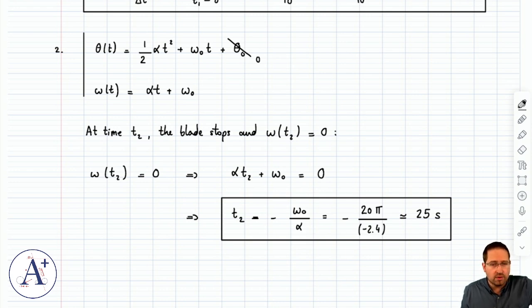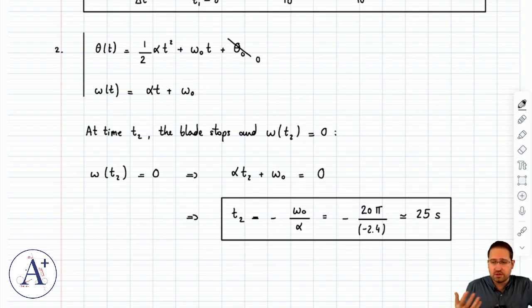So omega of t2 is equal to 0. And then, how many revolutions n will the blade make from t equals 0 to t equals t2? Well, I need to figure out how many radians I have accrued between t equals 0 and t2 equals 25 seconds. That'll give me a total number of radians.